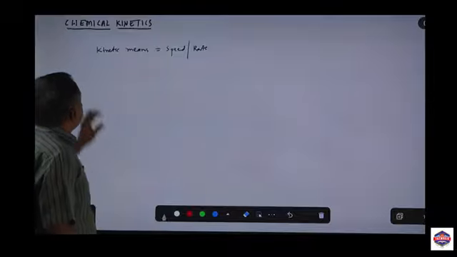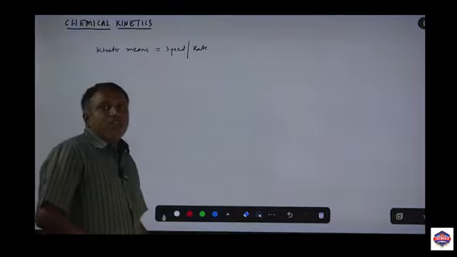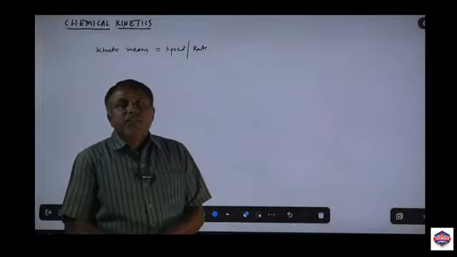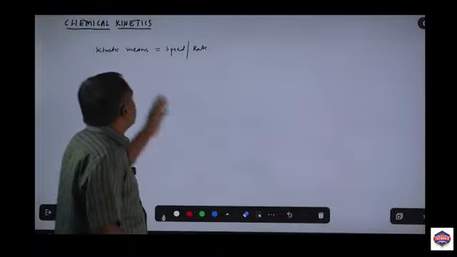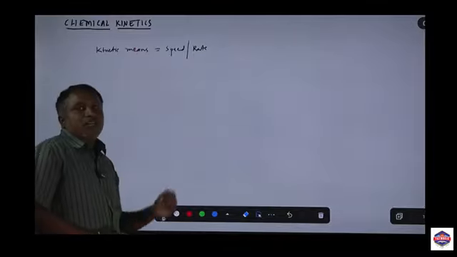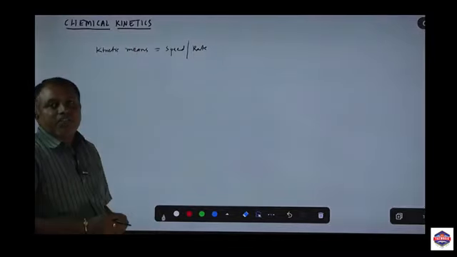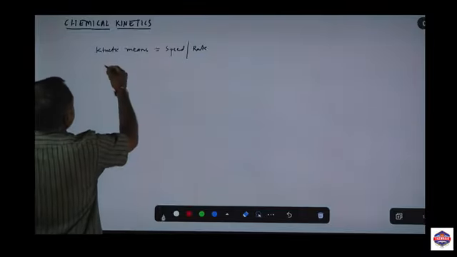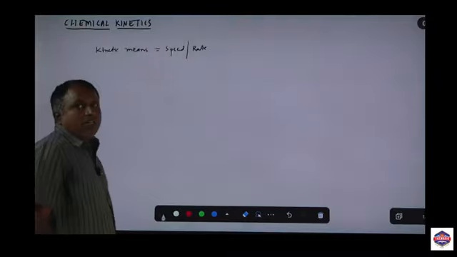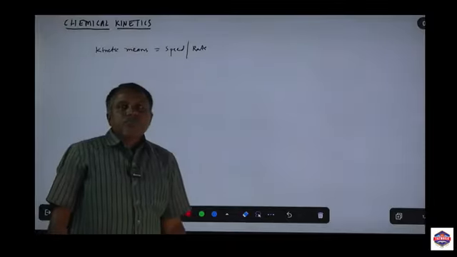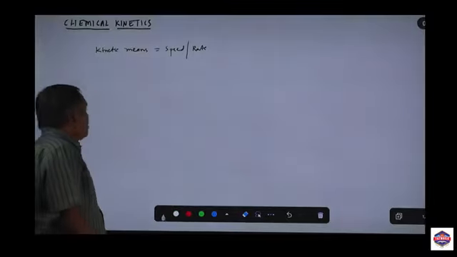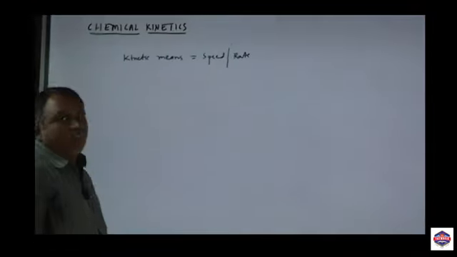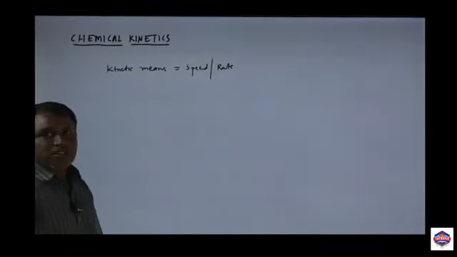So actually this chemical kinetics is dealing with moderate reactions. Why is chemical kinetics dealing with velocities of moderate reactions only? Why is it? For example, based on speed or rate of reactions, there are different types of chemical reactions.